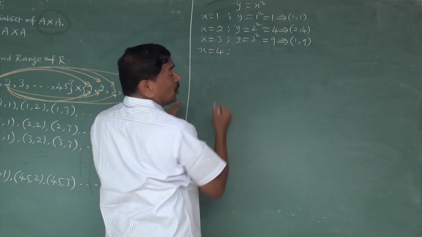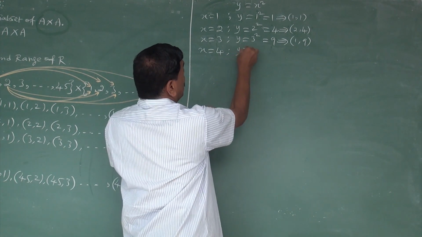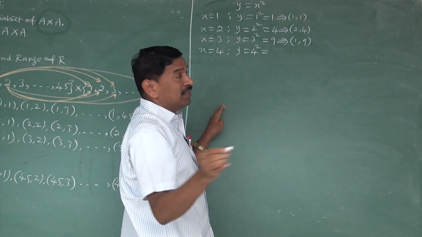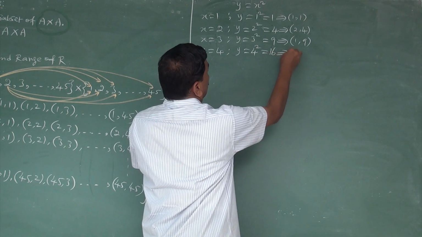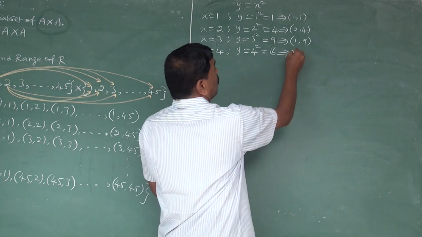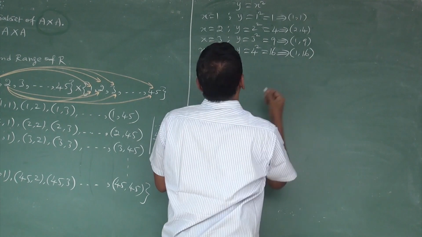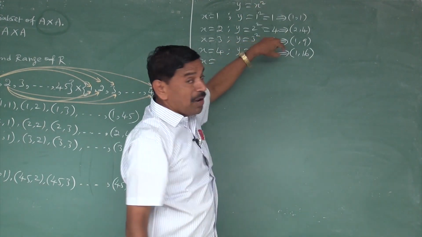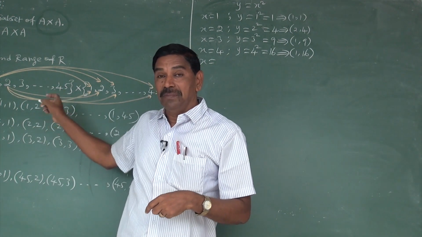When x equal to 4, y is equal to 4 square, 4 square equal to 16. Can you tell me the ordered pair please? 4, 16. Okay, next. Remember the answer must belong to the given set A. That is very important.